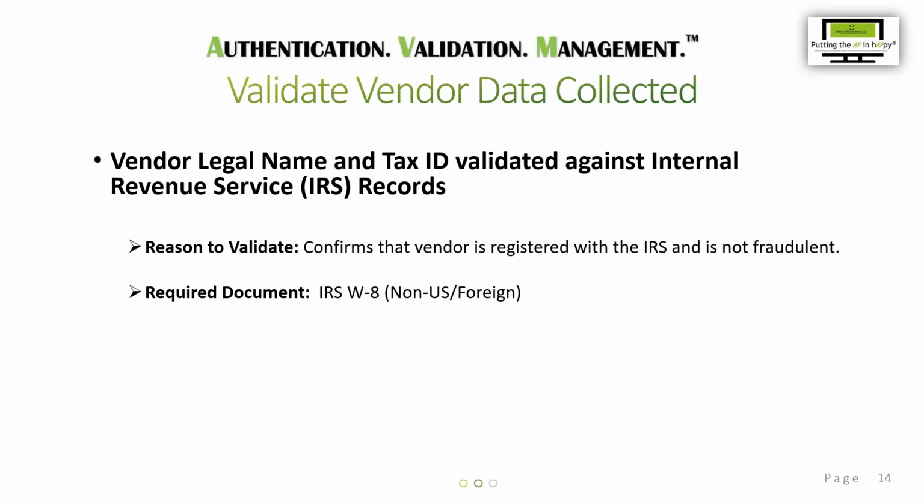But for the most part, AP teams, procurement teams, whoever has the responsibility for adding or updating vendors usually receives the W-8BEN for individuals, a W-8BEN-E for entities.